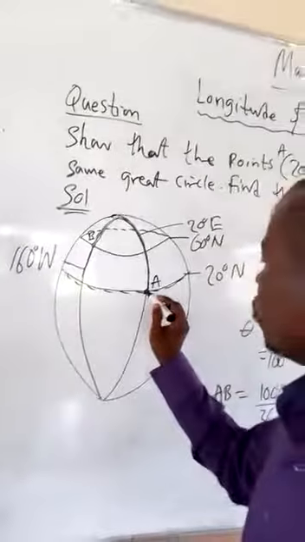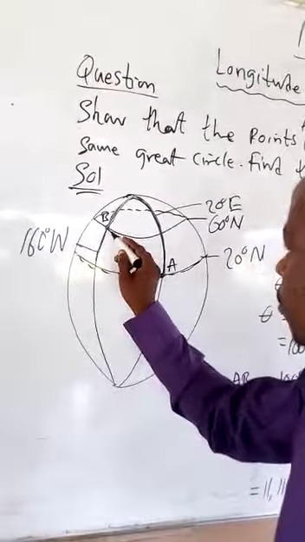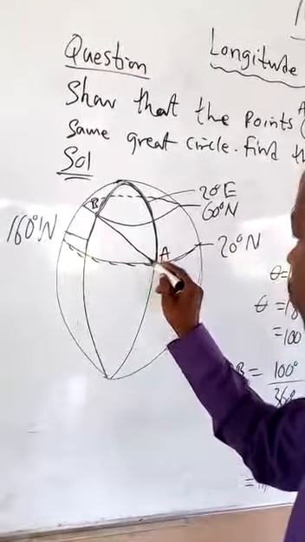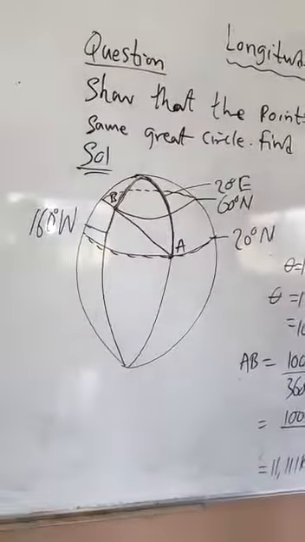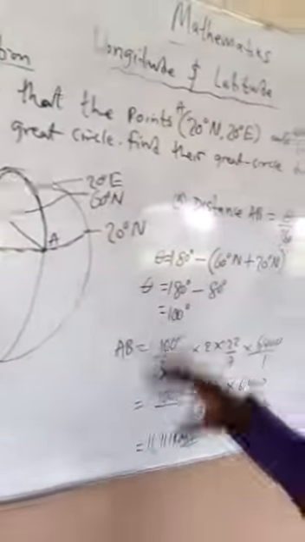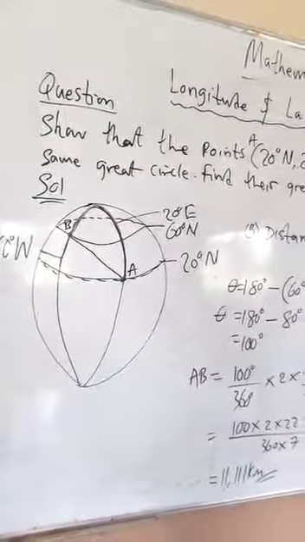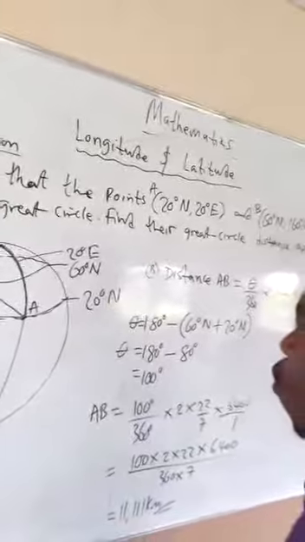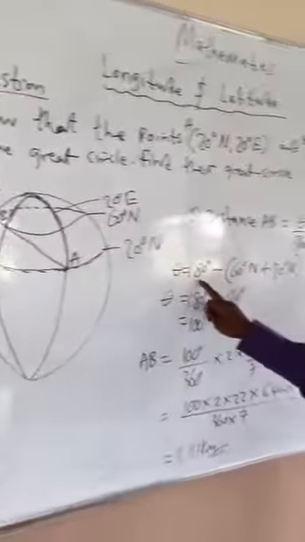So the reason for having this theta like this is this. From the part of latitude here, when we join this place, the angle that we will have in between them, since the 2 points have different lines of longitude, and at the same time, when we had the 2 lines of longitude, we have 180°.